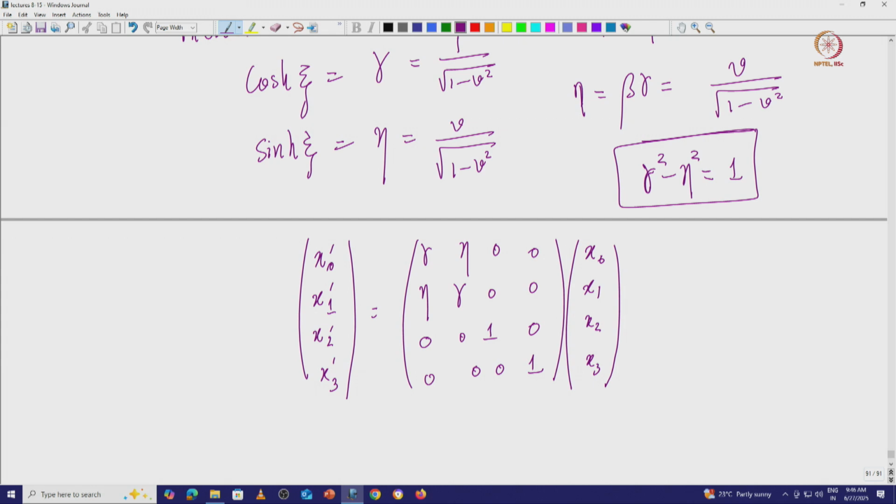Now what is this matrix doing? This is your Lorentz transformation. It transforms your x vector into the x prime vector. That's what it is essentially.